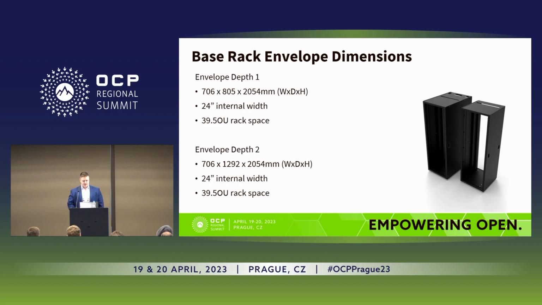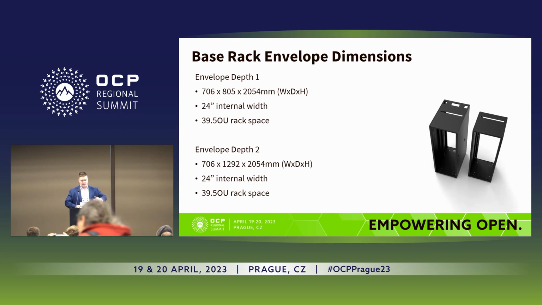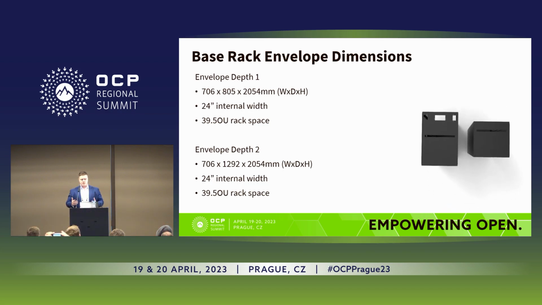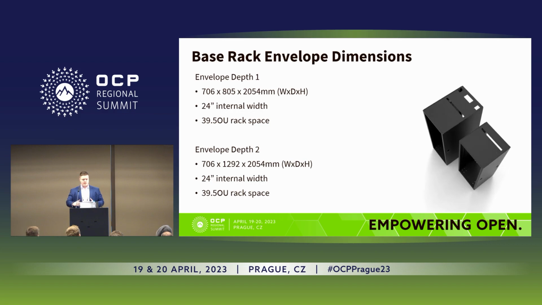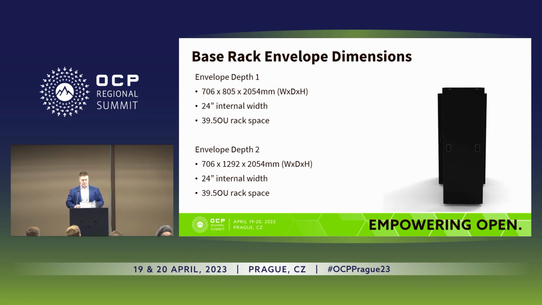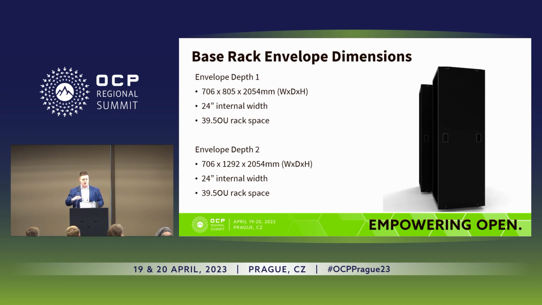So in terms of envelope, the OCP standard specification doesn't actually define an overall envelope. In Google's implementation, version 1 and version 2 have the same width and same height.